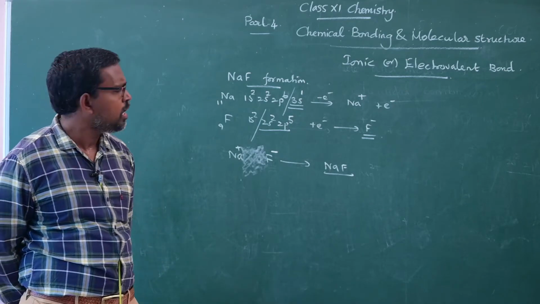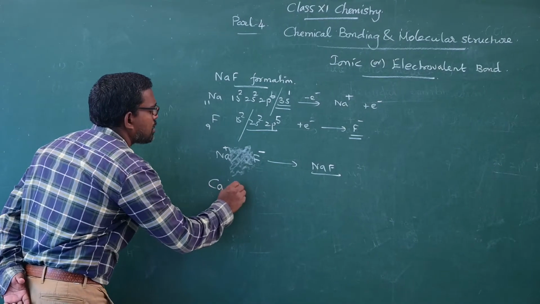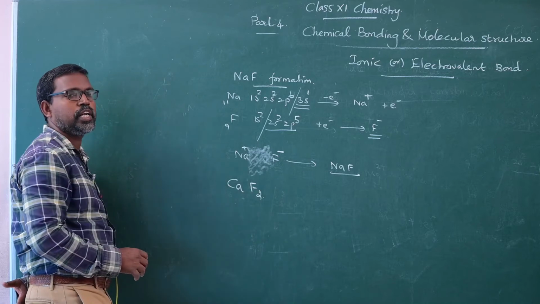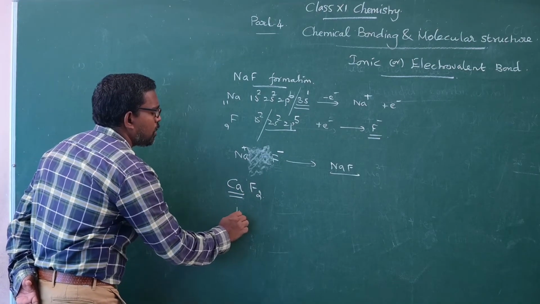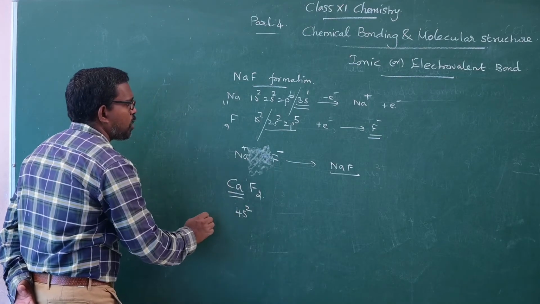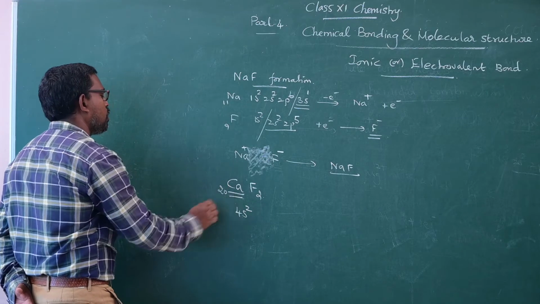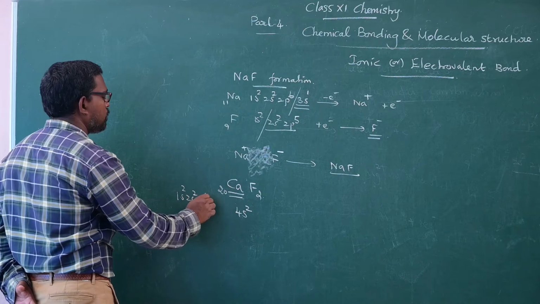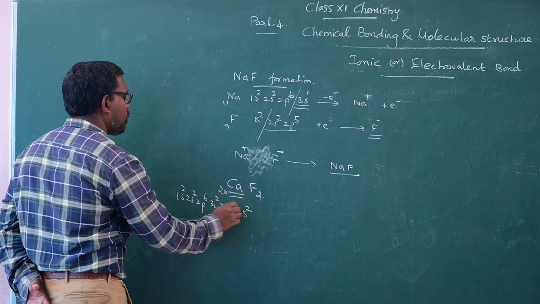In a similar way, calcium fluoride formation may occur. Here one calcium atom and two fluorine atoms are there. Calcium, atomic number 20, has the electronic configuration 1s2, 2s2, 2p6, 3s2, 3p6, 4s2.